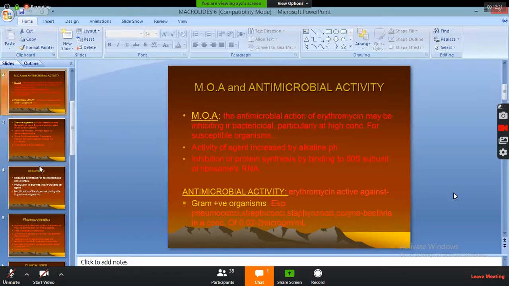Looking at antimicrobial activity, some drugs are active against gram-positive, some against gram-negative. For example, the penicillins are highly active against gram-positive. Aminoglycosides, if you remember, were exclusively active against gram-negative.